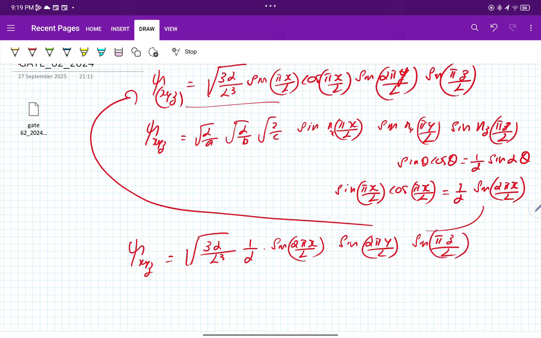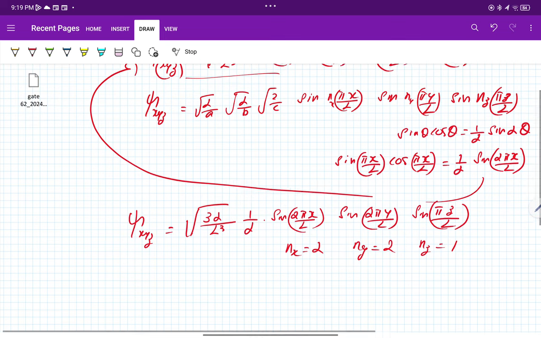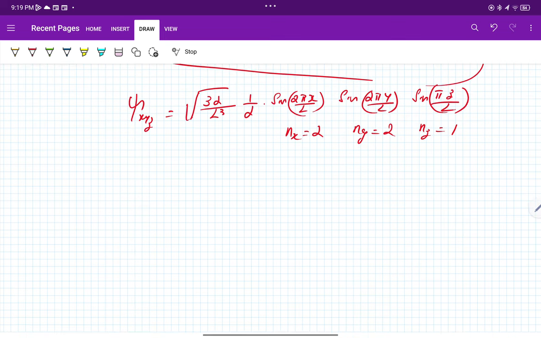Once you see that this is nothing but that three-dimensional equation, the corresponding n values are nx equal to 2, ny equal to 2, and nz equal to 1.